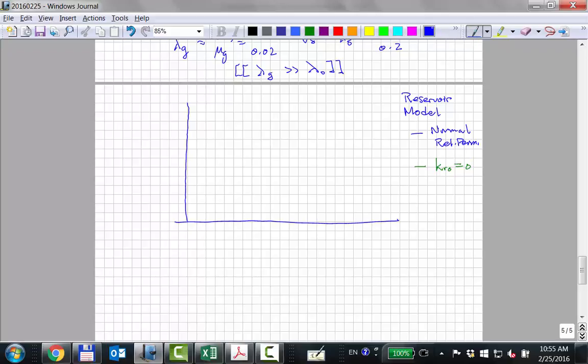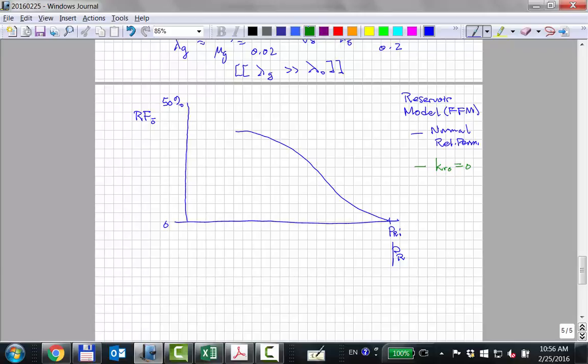The kind of model you would do this with would be a full field type model or a single sector model. You're not looking very close to the well detail. You're just looking at the bulk, and then you plot recovery factor of the oil phase versus average reservoir pressure, starting from initial pressure.